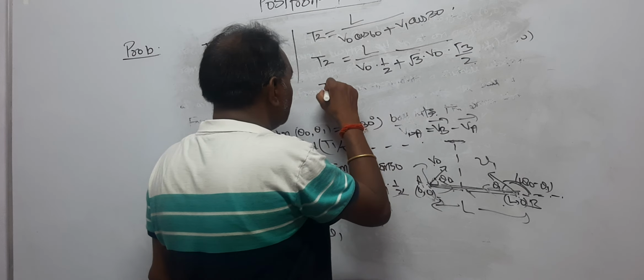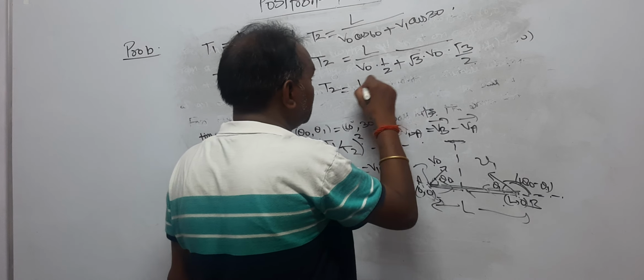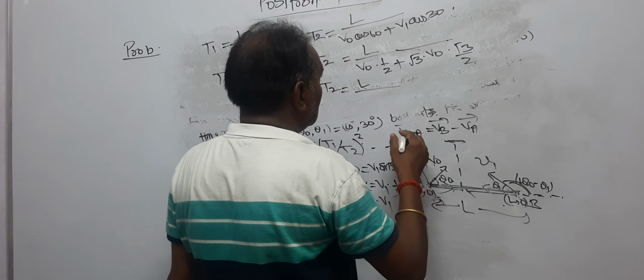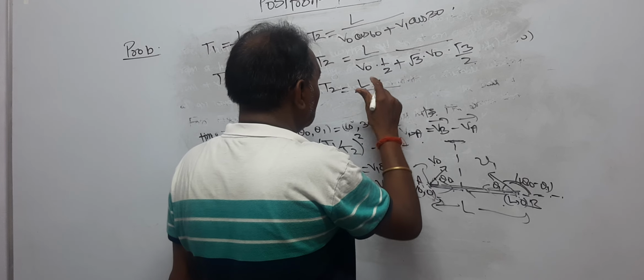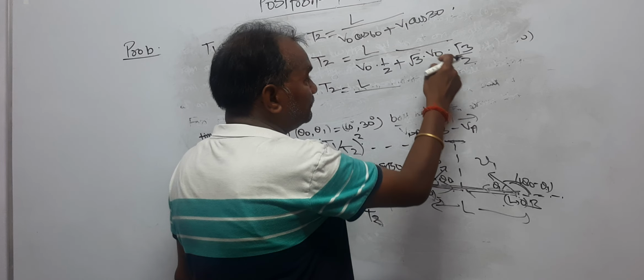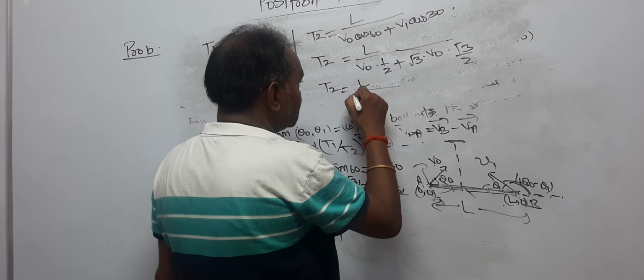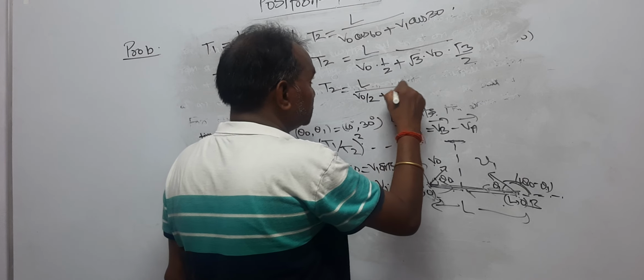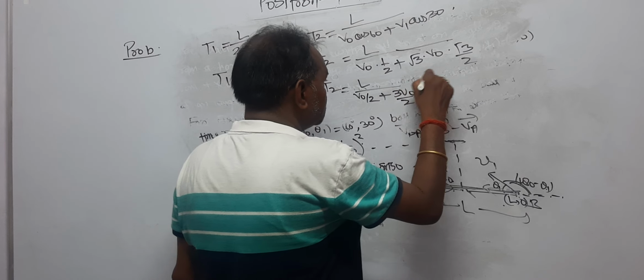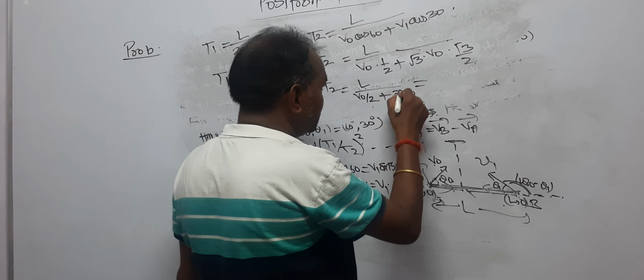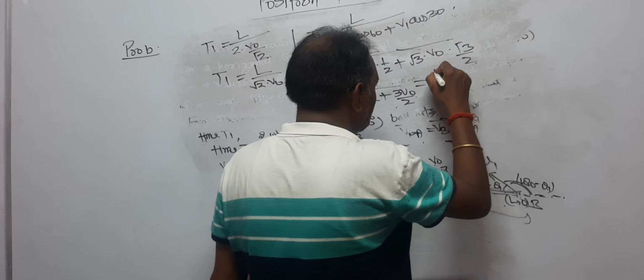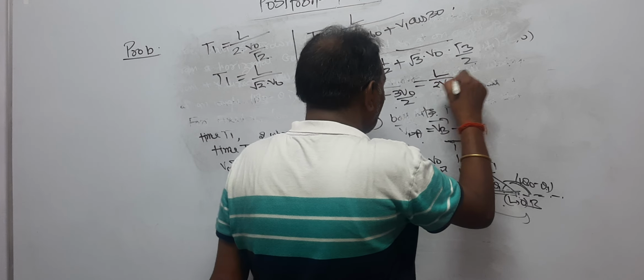So T2 is equal to L upon V naught by 2 plus 3 V naught by 2. 2 would be the LCM, so 4 V naught by 2. This is 2L upon 4 V naught.